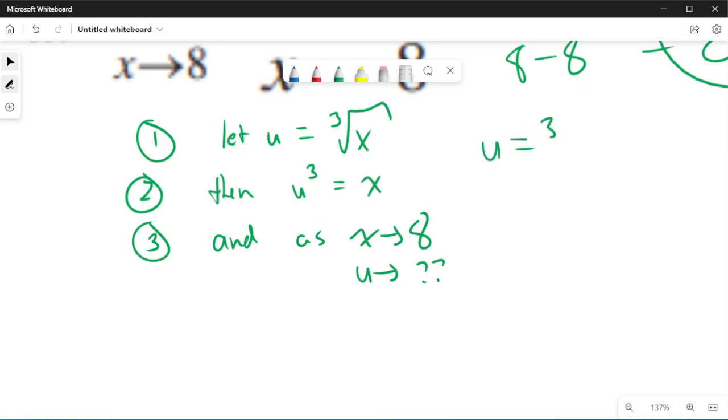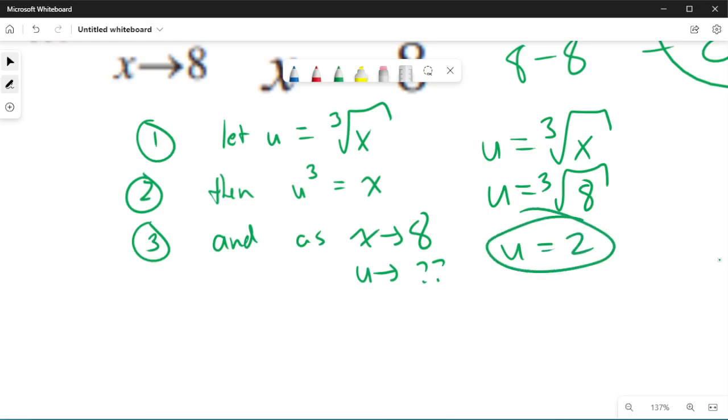If u is the cube root of x, and x is approaching 8, then u must be approaching 2. And that's how we know what u is approaching. Because you have to cube u just to become x, and hence you have to cube 2 in order to become 8.